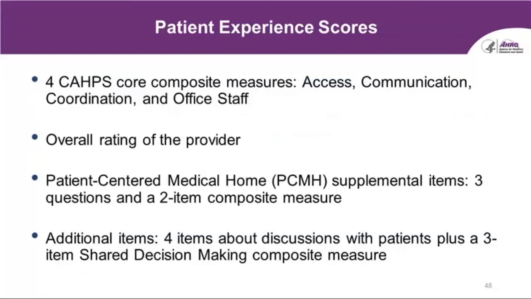We looked at several different measures. We had 4 CAHPS composites, the overall rating, 3 items supplements for the patient-centered medical home addendum, a 2-item composite measure, and there were an additional 4 items that we compared.